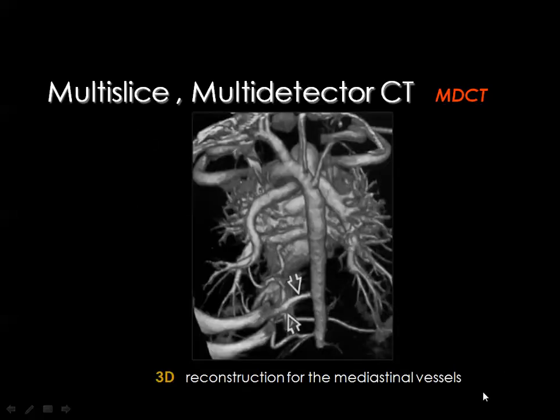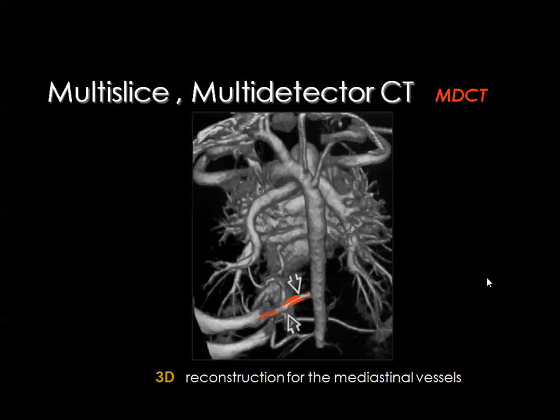non-invasive way. Also, you know that for the diagnosis of a sequestrated lung segment, you need to see a vessel coming from the aorta to the suspected sequestrated area. And this can also be performed very nicely by the multi-detector CT.